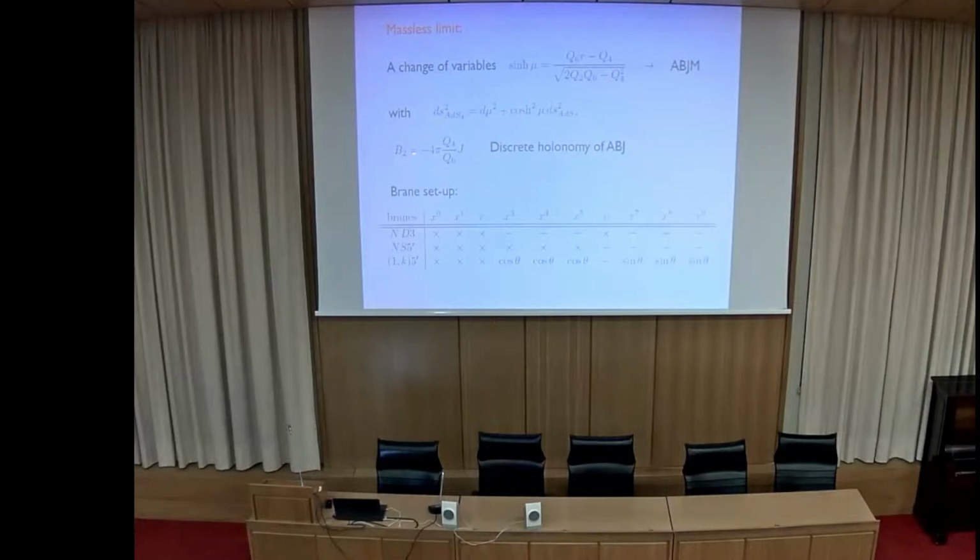The Neveu-Schwarz form becomes the form that you have in the discrete holonomy of ABJ, and what you get in the massless limit. And in the massless limit, you know what is the brane setup that answers the solution.